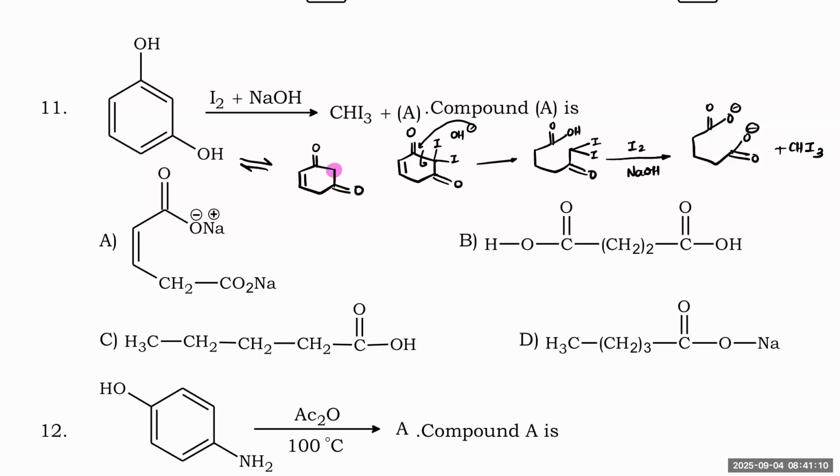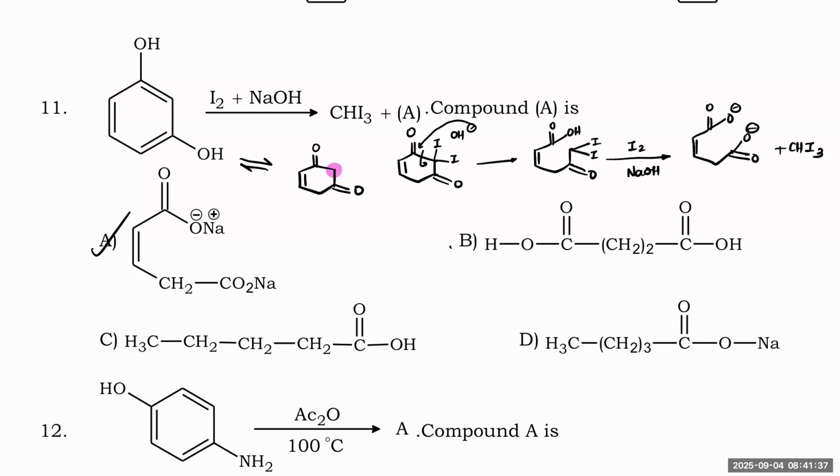So what is compound A, beta? If you do hydrolysis, this is what you will get. No, 5 carbon, right? Sorry. Where is 5 carbon we have here? There is a double bond already here. I should not have removed that. So option A.